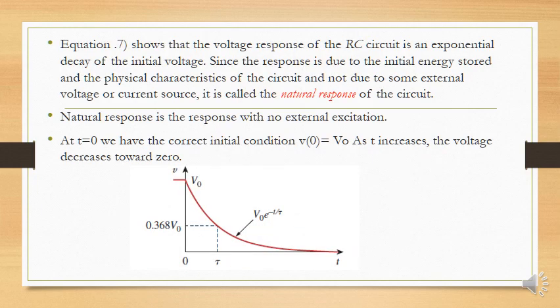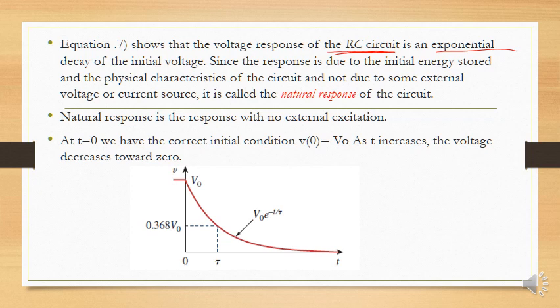Now, another important thing: if an exponential comes, then the response of the exponential is also very important. From our last equation, we know the voltage response of RC, and we have to plot it with respect to time. As you studied earlier, the response of an RC circuit is an exponential decay of the initial voltage.